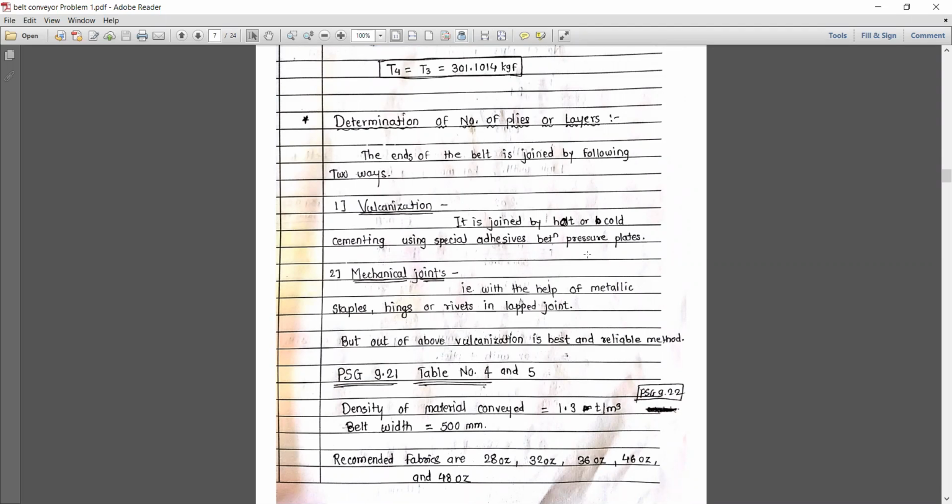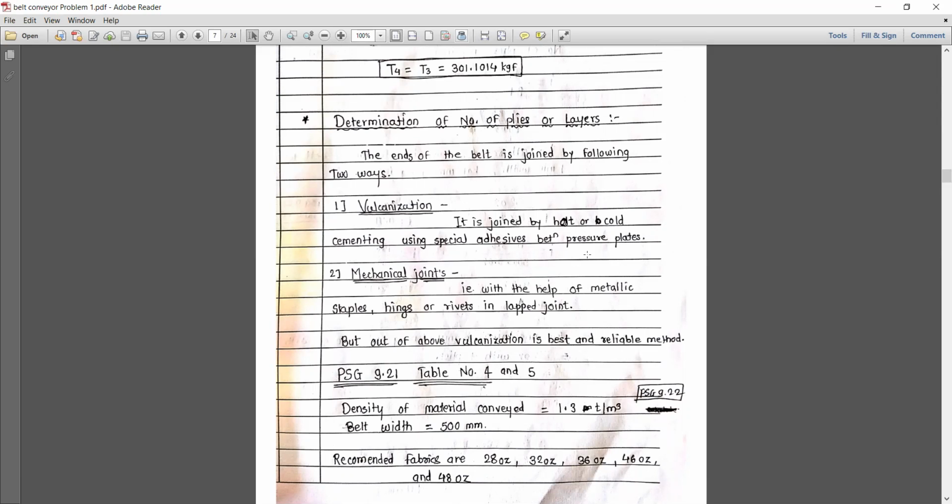Generally, we have seen in normal day-to-day life when our bicycle or motorcycle gets punctured, the mechanic, the person who specializes in removing that puncture, normally uses such a vulcanization process.